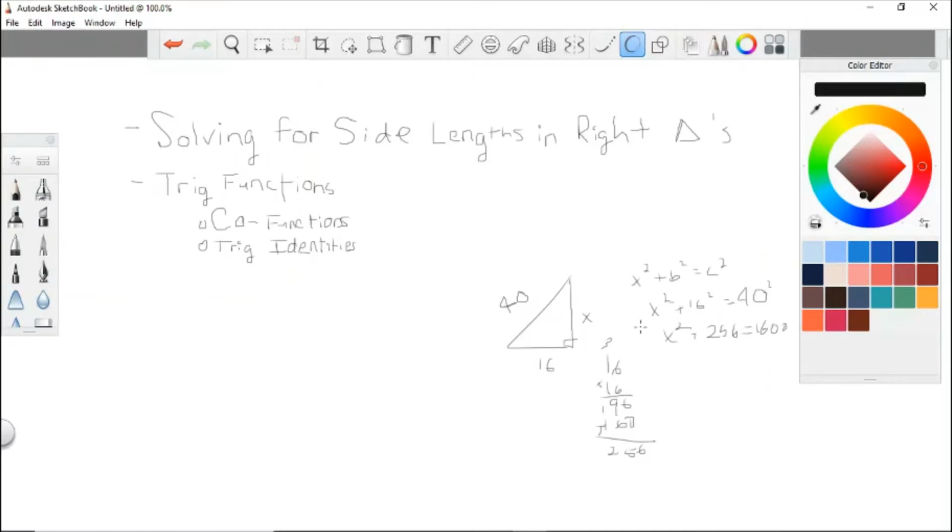Now we can subtract both sides. Okay, so 16 squared is 256, and 1600 minus 256, subtract 256 from both sides to get the value of x squared, and we get 1344.